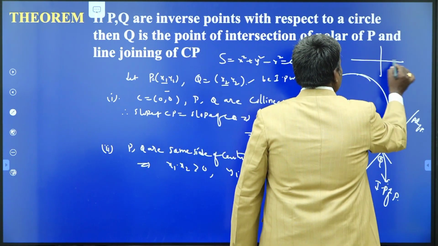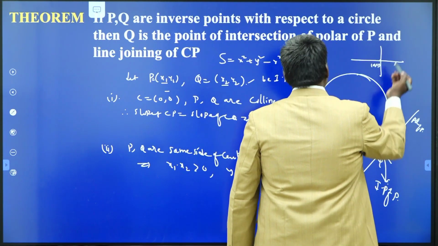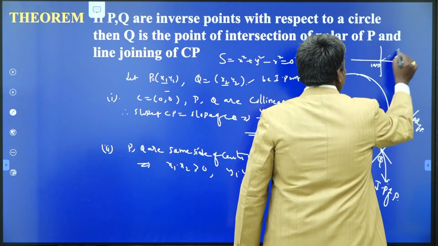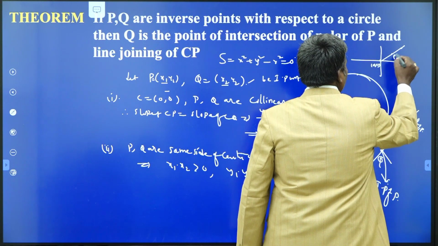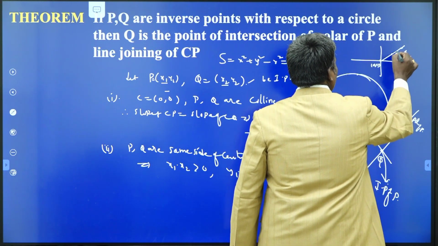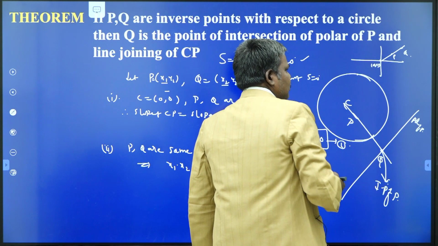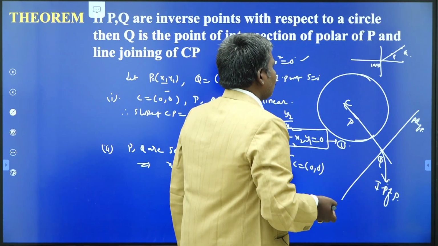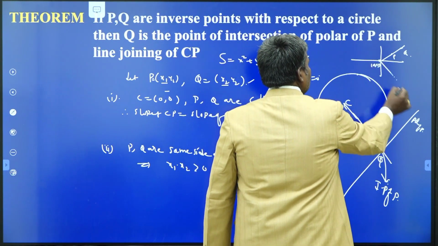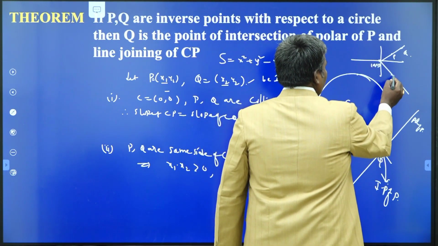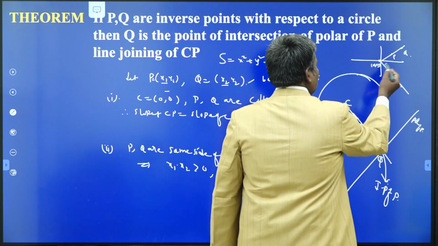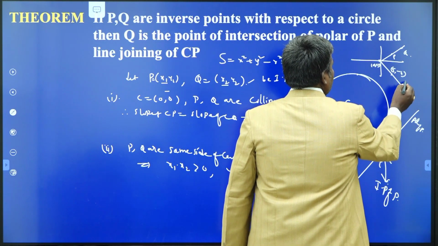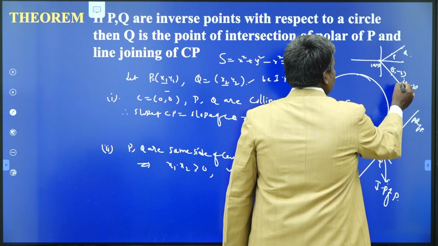Suppose this is the origin, because P, Q are collinear with the origin. Suppose this is point P, this is point Q. The x coordinates are positive as well as the y coordinates, so their products are positive. Suppose instead the x coordinates are positive and the y coordinates negative, say 5 comma minus 4 and 10 comma minus 5.